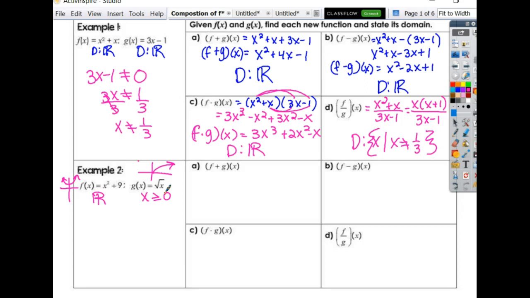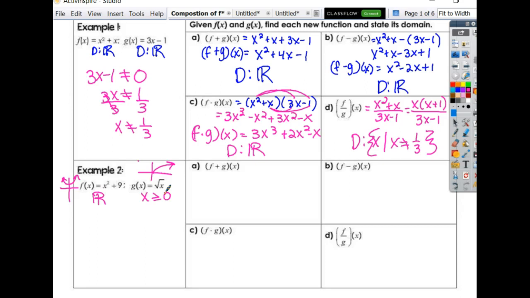So let me ask you, when I add these two together, which is what I'm about to do, if I restrict this one and I said the x's can only be bigger than 0, can I use a negative number over here on this one? I can't, right? If I restrict this, it means the whole thing gets restricted.